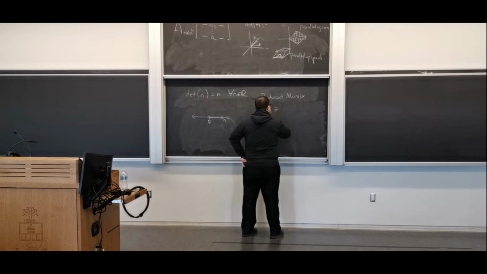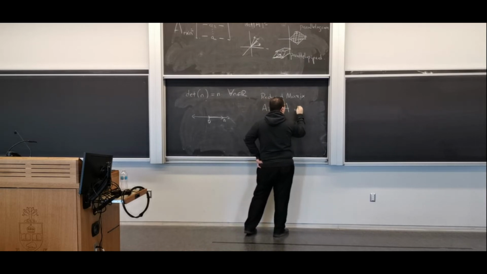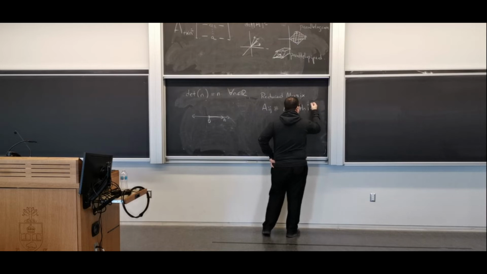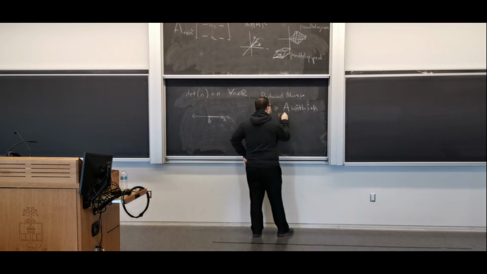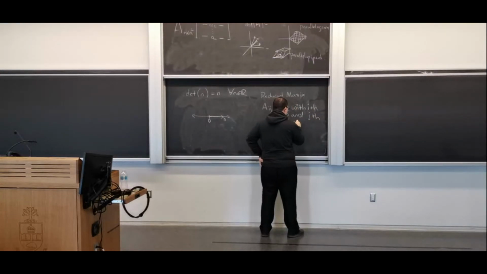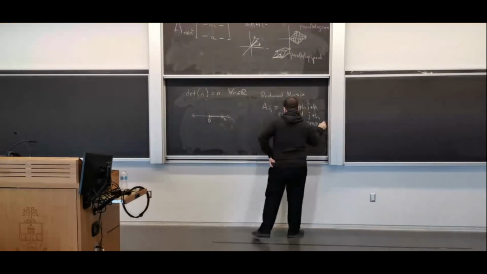This equals the original matrix A with the ith row and jth column removed. Okay?